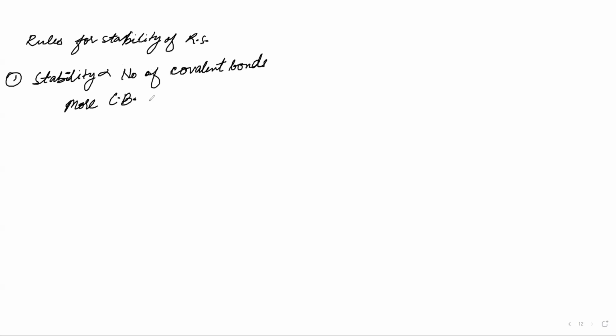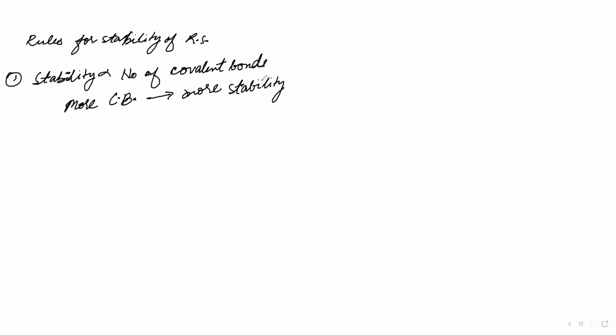So the first rule is that stability is directly proportional to the number of covalent bonds. What does that mean? It means more covalent bonds lead to more stability.